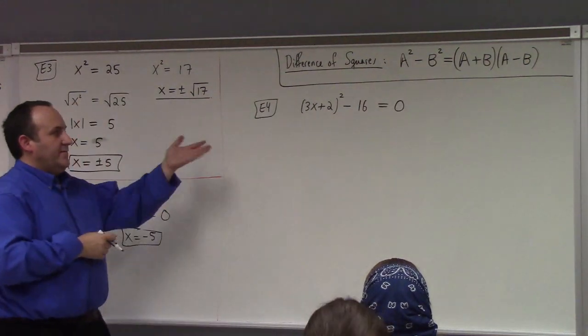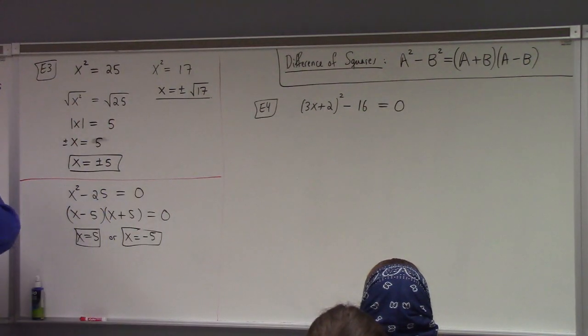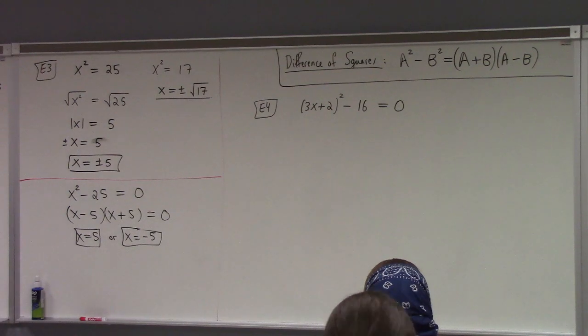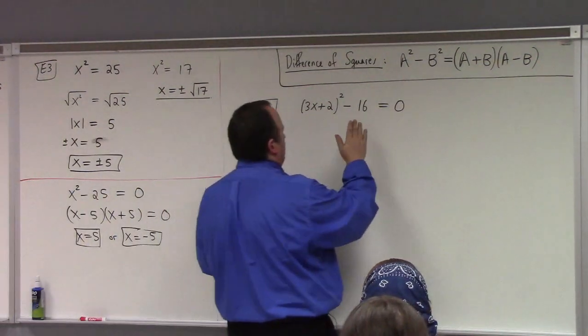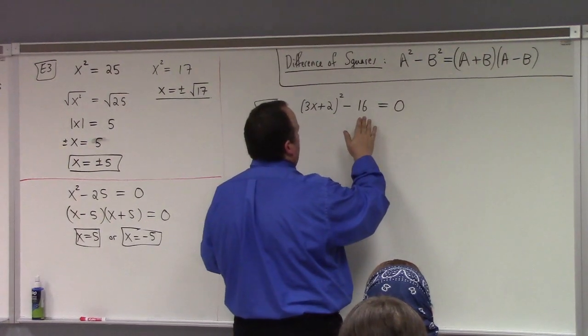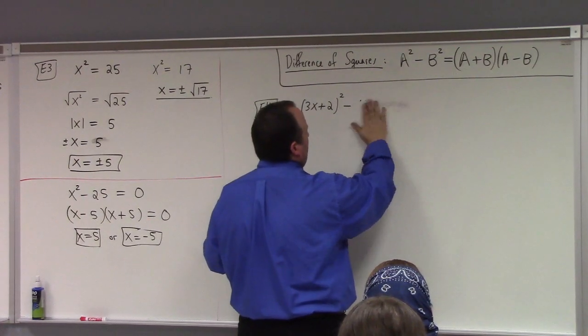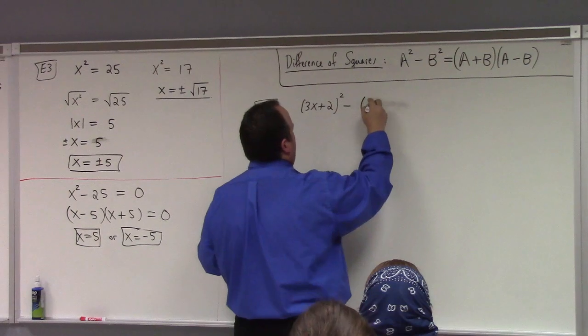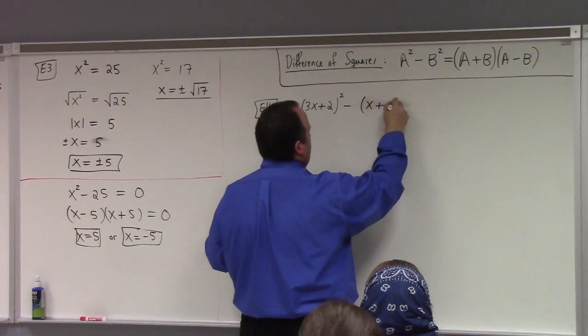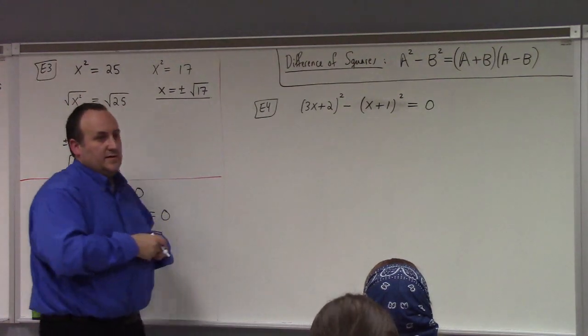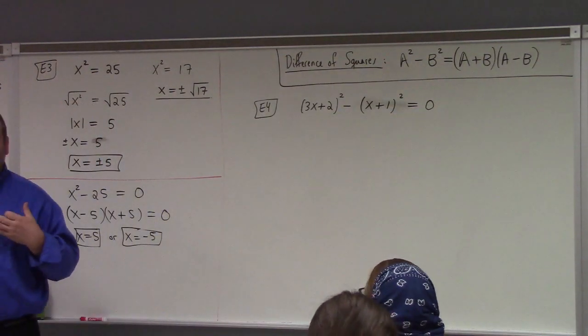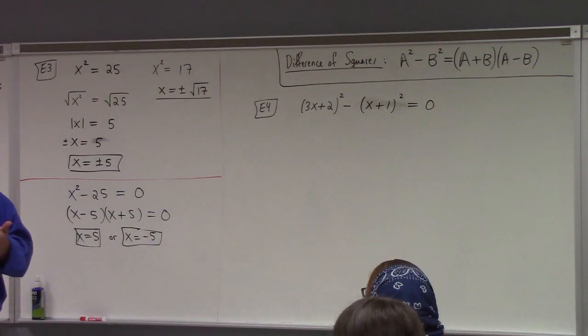If I ran up against something like that, I could use the difference of squares idea. Let me make it uglier. Let's suppose you have 3x plus 2 quantity squared minus x plus 1 quantity squared equals 0. I can use the difference of squares pattern to factor this.